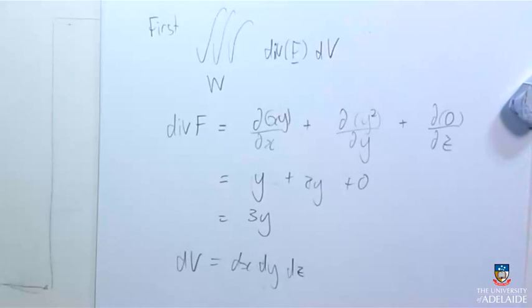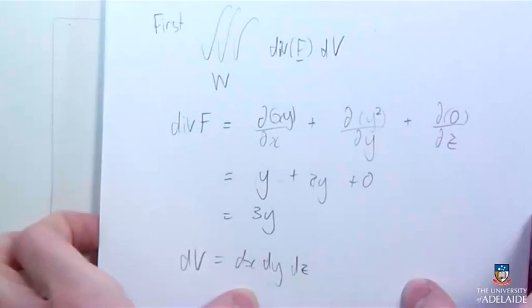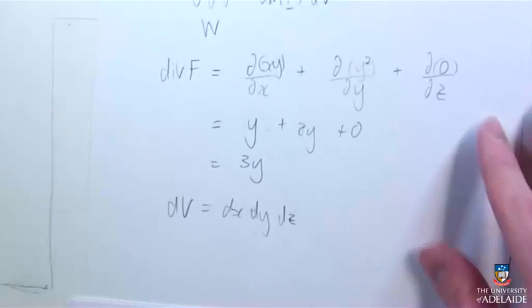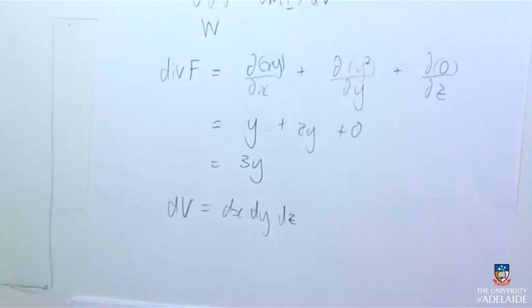The problem is that my surface may not be very easy to describe in terms of x and y and z. So let's just see how that turns out. Because again, I'm going to need to describe every point on my surface somehow.